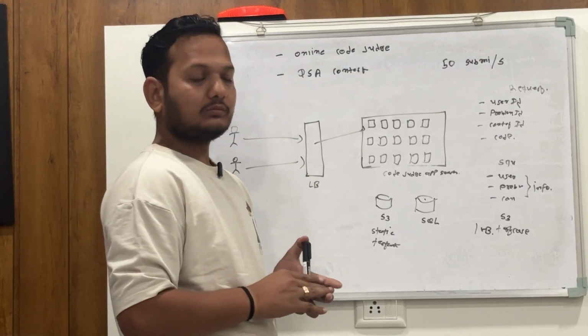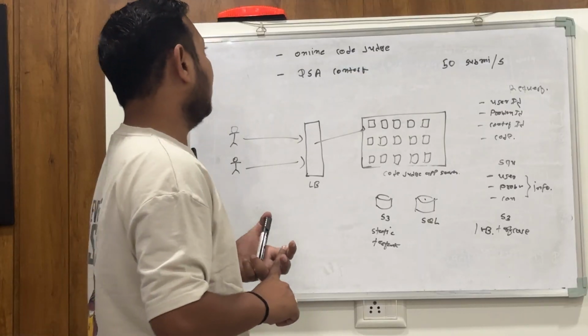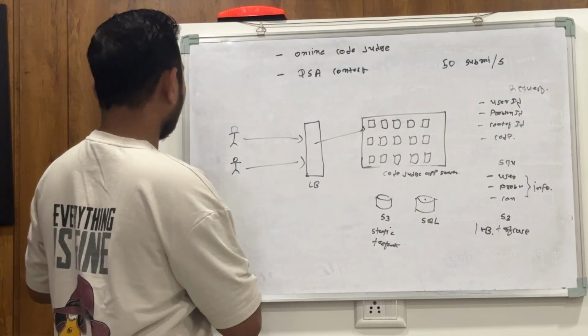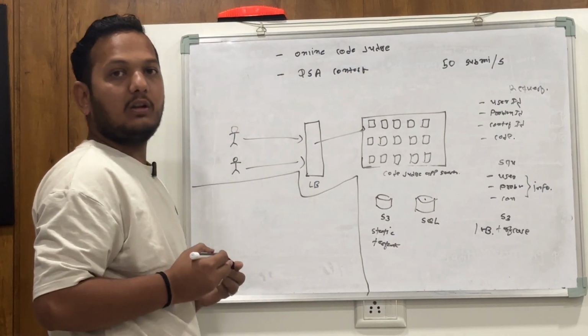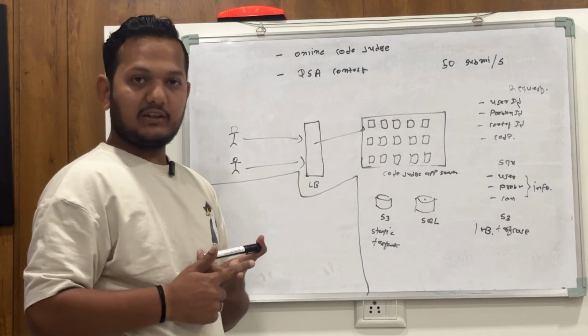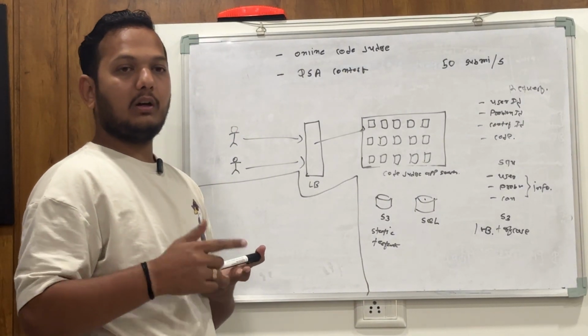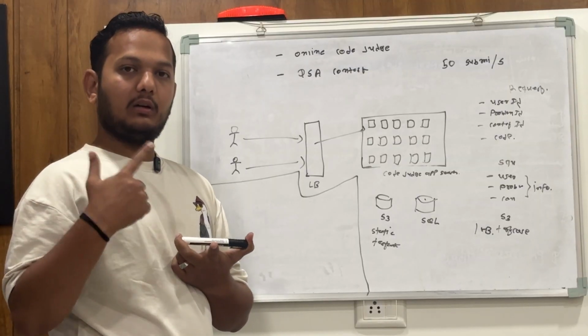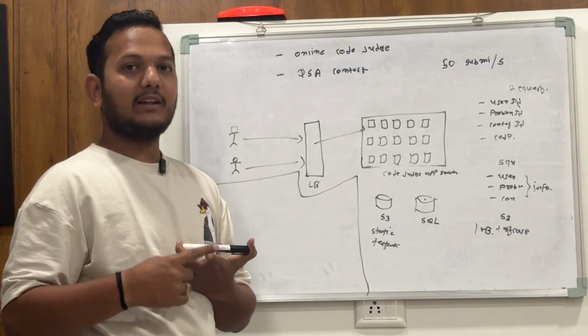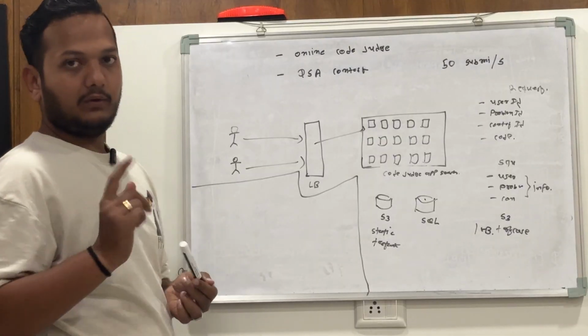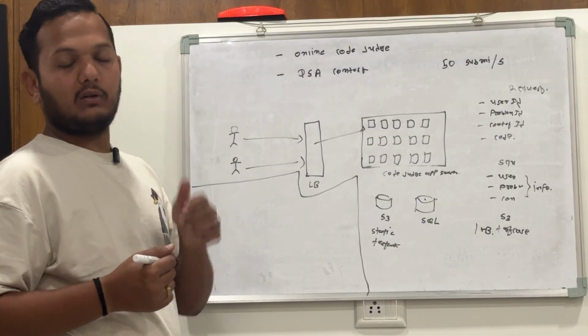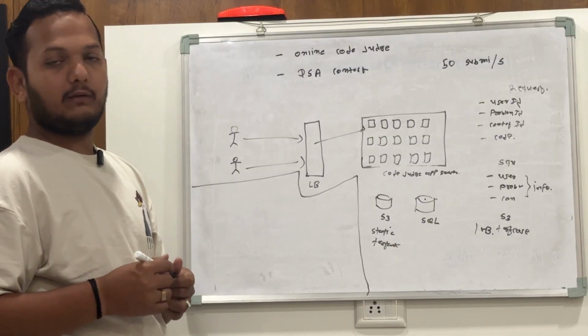Now the next question is, what type of caching can we use, and what cache invalidation and cache eviction policy can we use? First, what type of cache?